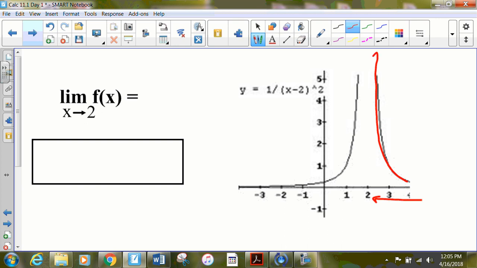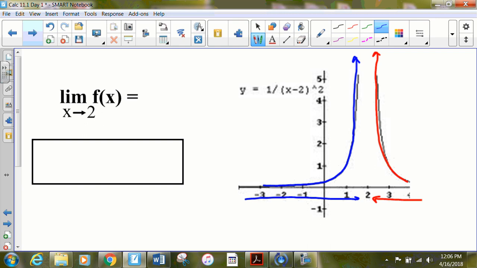It's shooting up to infinity. And when x is approaching 2 from the left, what's y up to? Y is increasing, increasing, increasing, also up to infinity. So the limit is going to be another limit does not exist, even though they're both approaching positive infinity.